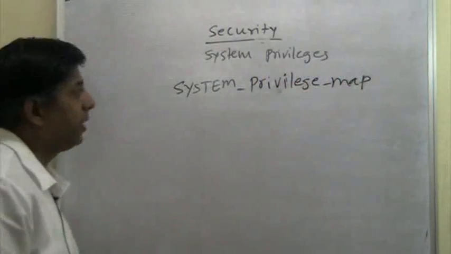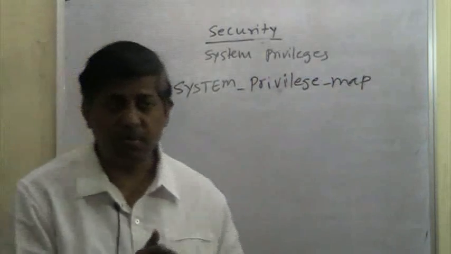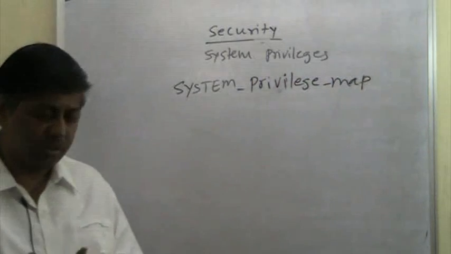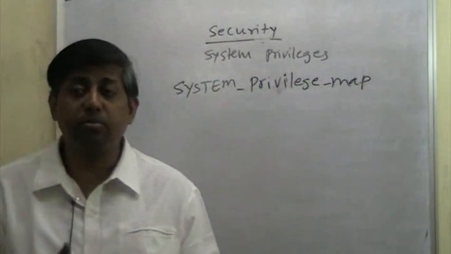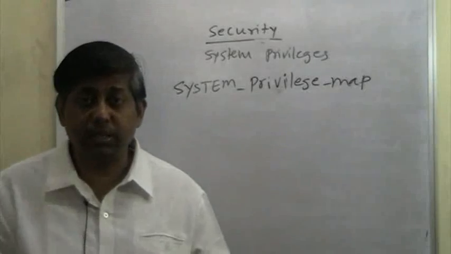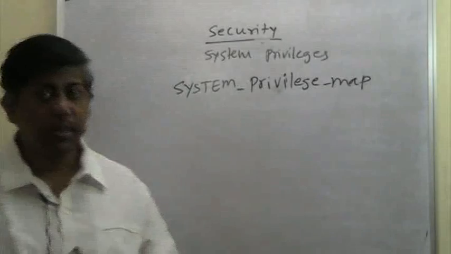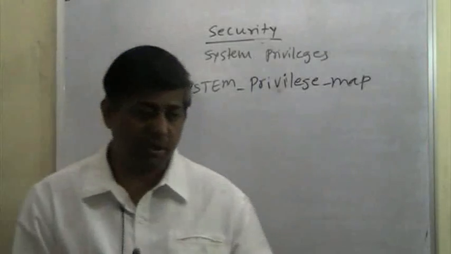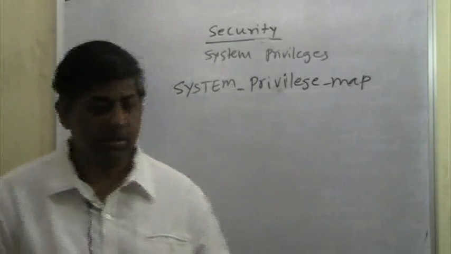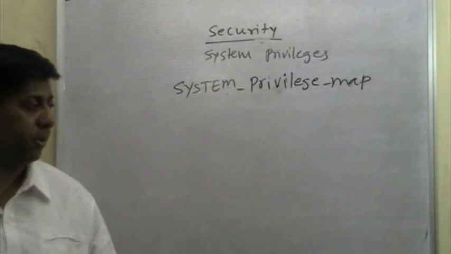System underscore privilege underscore map. That is the name of the view. If you go and do a select star from this view, you will see all different types of system level privileges that can be granted to any other user.